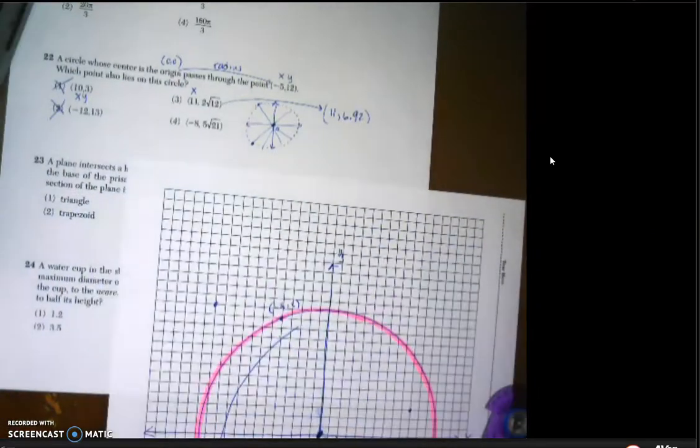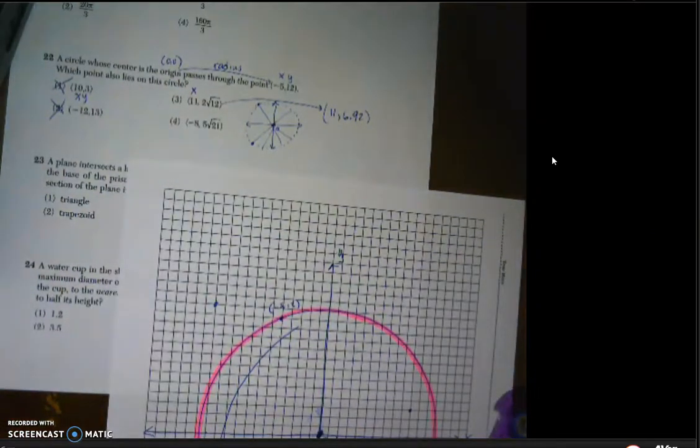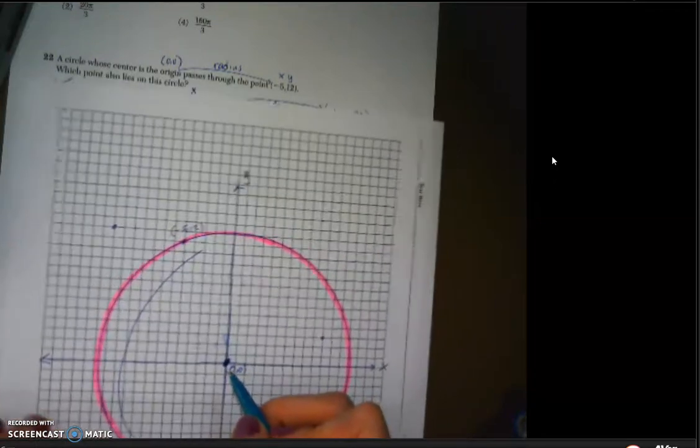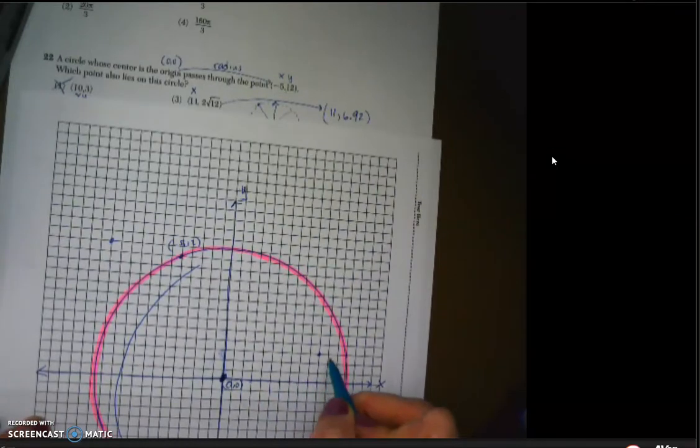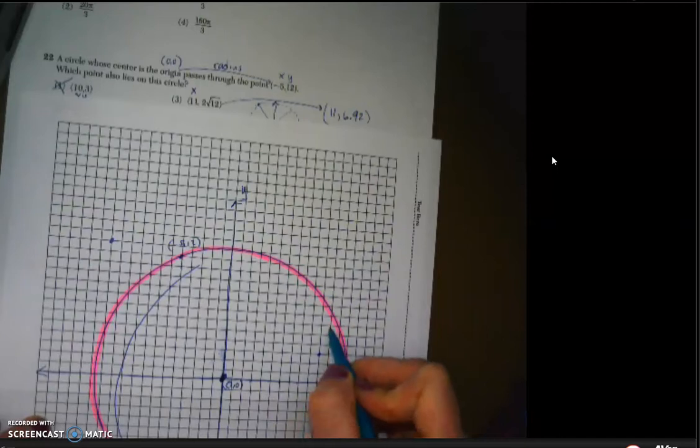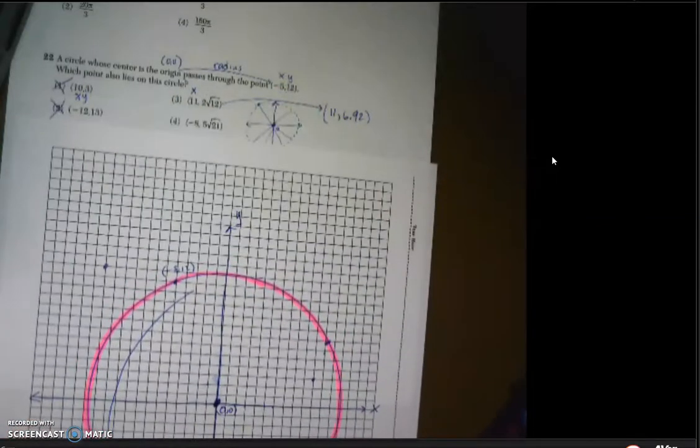Let's see if this point is on our graph. Let's go back over here and go 1, 2, 3, 4, 5, 6, 7, 8, 9, 10, over 11, and then 1, 2, 3, 4, 5, 6, and almost 7. That actually looks like it's on the graph. So I think that it's this one, but let's check the last one just in case.